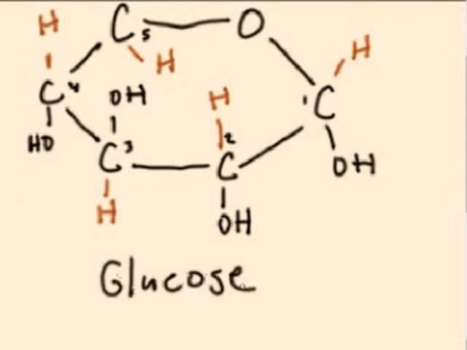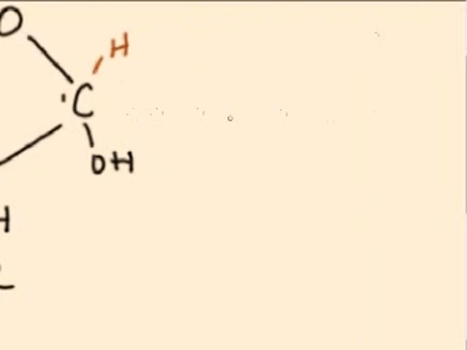Now there is a simpler way to draw glucose. What we're going to do this time, we're going to draw the glucose, but we aren't going to show the carbons explicitly. We aren't going to show the hydrogens. They're going to be understood.